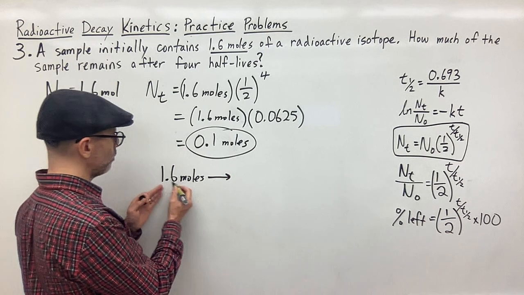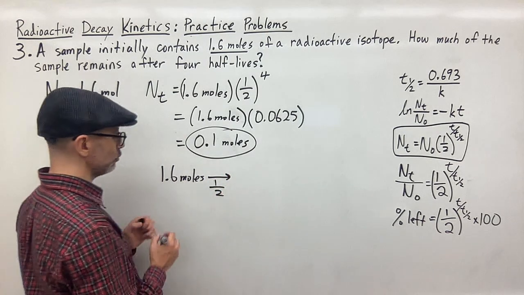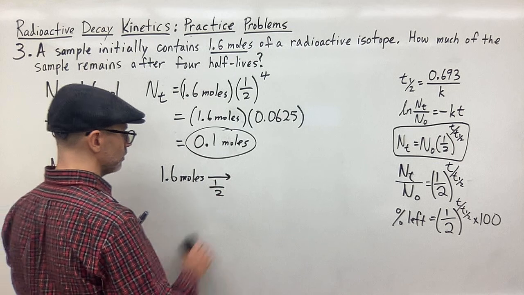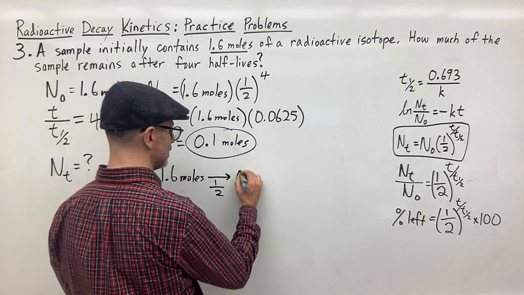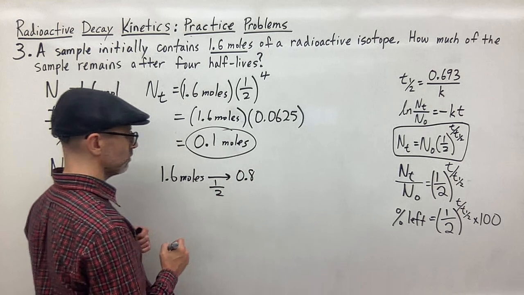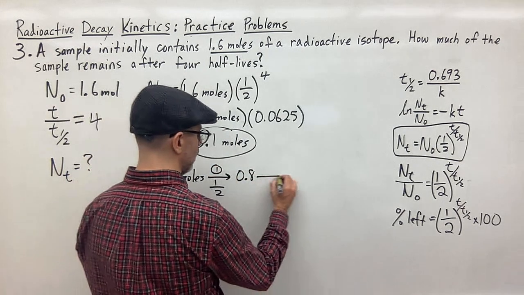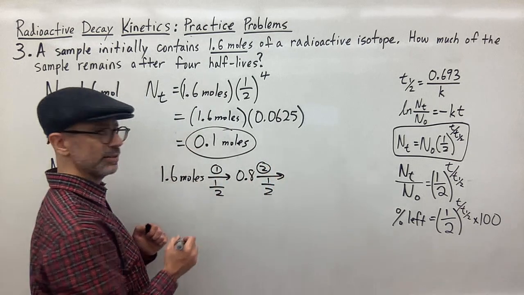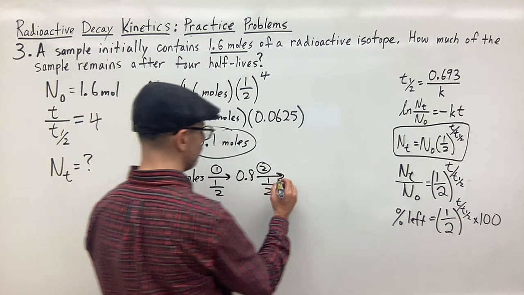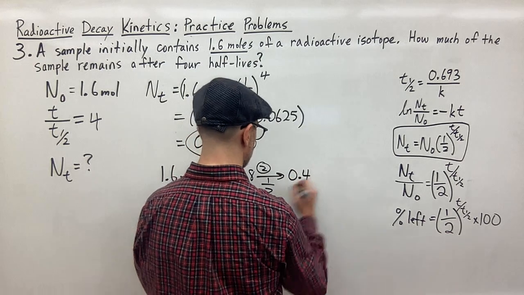To go from 1.6 to the next half-life, I divide that by 2. I take half of 1.6, and that's 0.8 moles. That's the first half-life. Then I go through half-life number 2, and I take half of that again, so that's 0.4 moles.